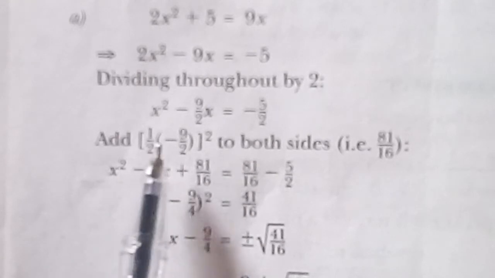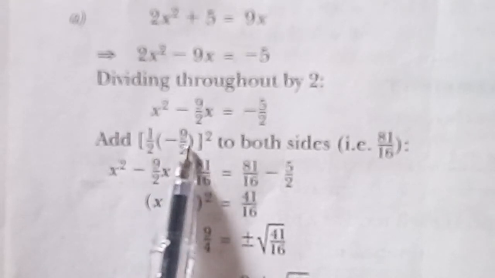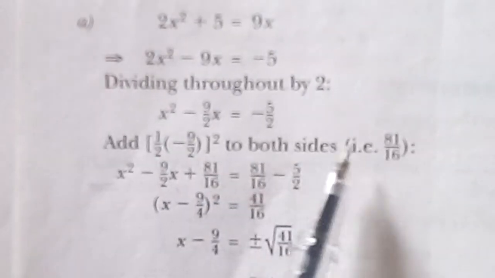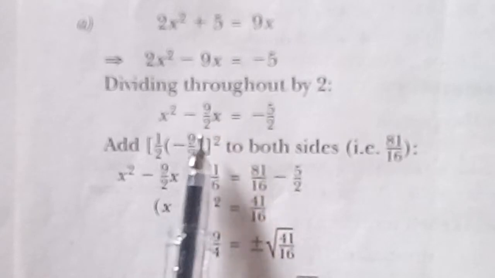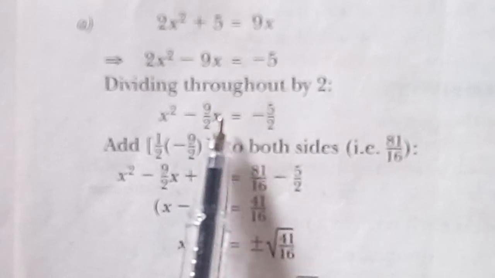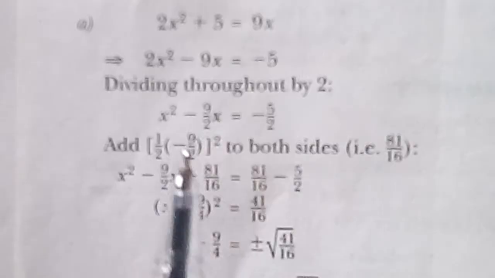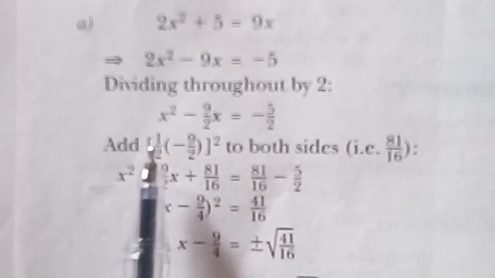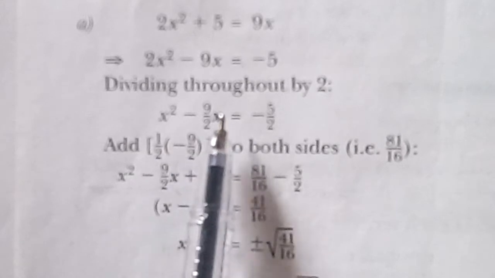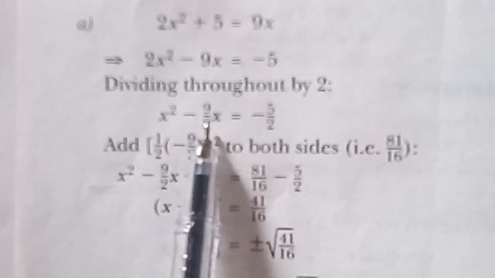Now you add half of minus 9 over 2, squared, to both sides. Don't forget you add the square of half the coefficient of x to both sides. The coefficient of x now is minus 9 over 2.